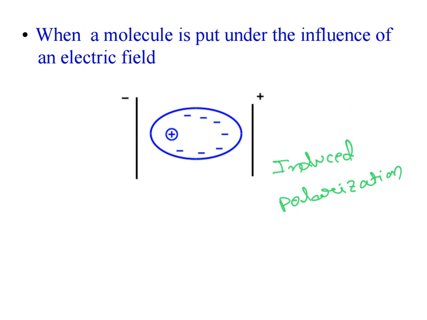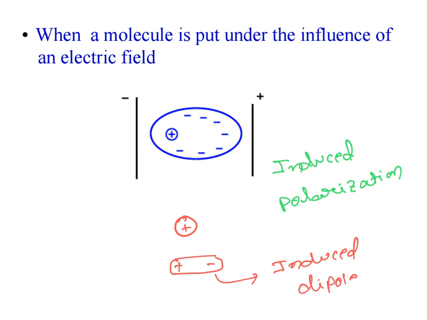As a result of induced polarization, let us assume it is initially in this fashion. Now, due to this induced polarization, positive and negative, we have generated poles. One is positive, another one is negative. These poles we call induced dipole, or induced dipole moment.